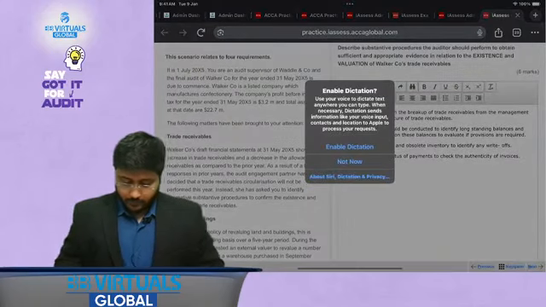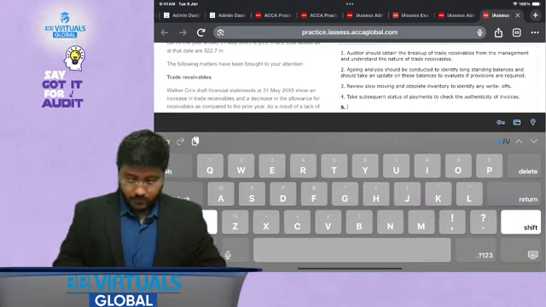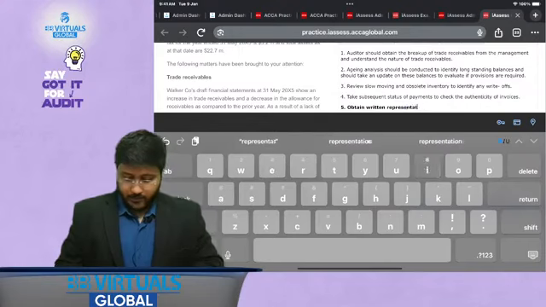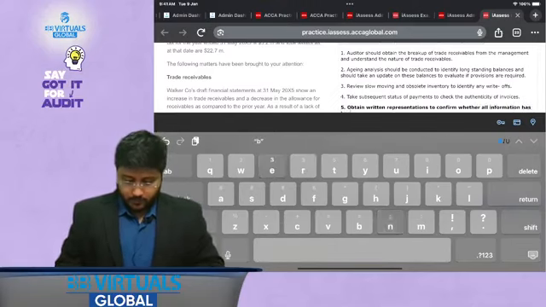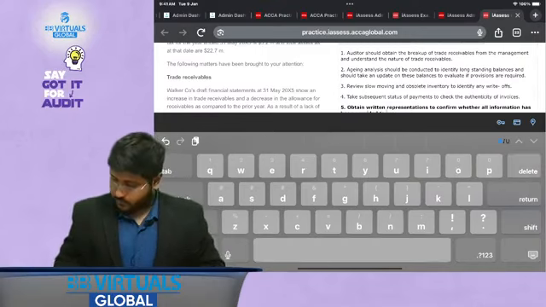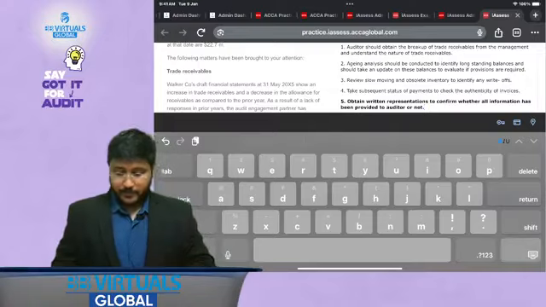Then fifth one, obtain written representations to confirm whether all information has been provided to auditor or not. Okay, I hope this is clear.